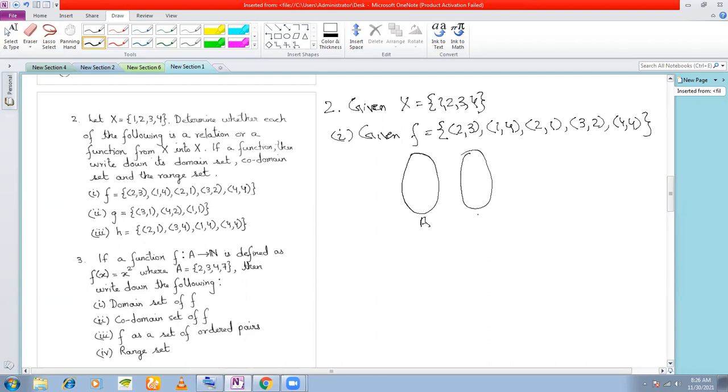Have the set A. This is from X into X, so both will be X. So this is your X, this is your X. Okay. What are the elements here? You have 1, 2, 3, and 4. Only 4 elements. And here also 4 elements.